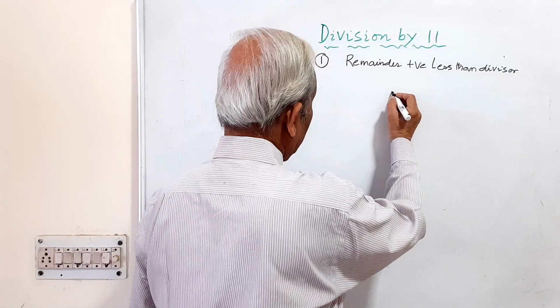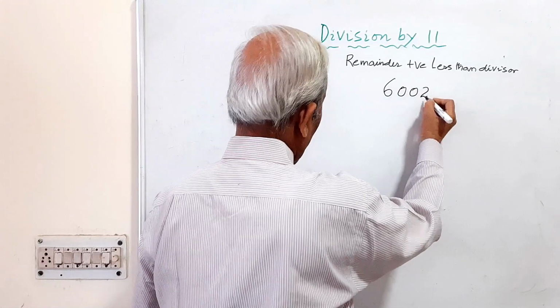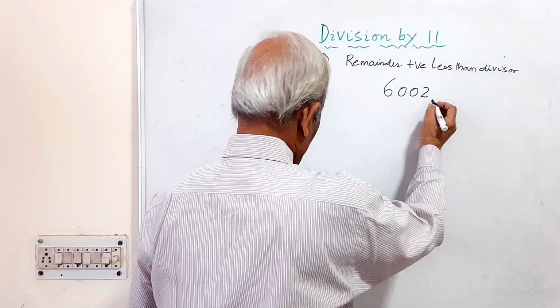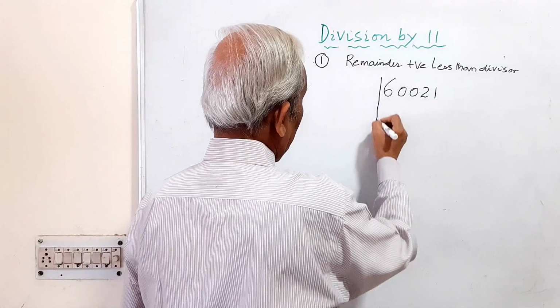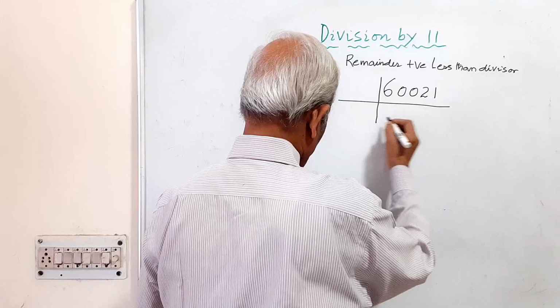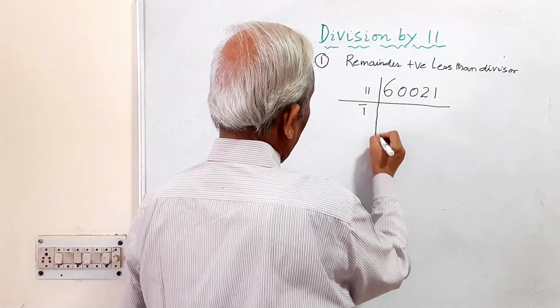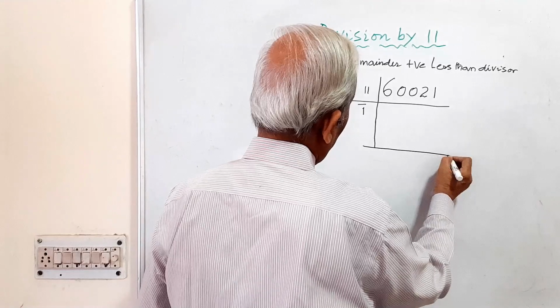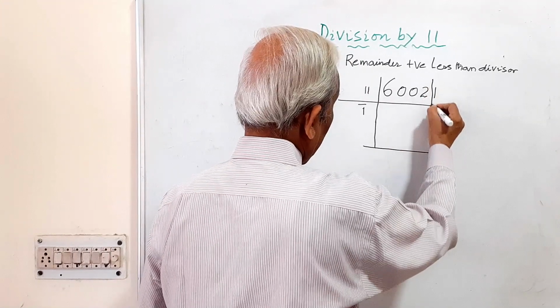Let us divide 60021 by 11. So we write 1 bar here. Here the base is, I hope you remember, base is 10. If the base is 10, we put a line here after 1 digit.